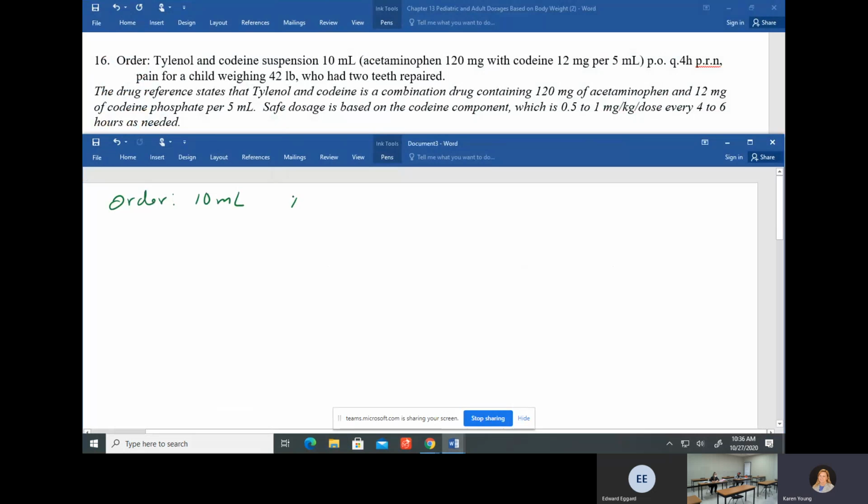It's Tylenol, 120 milligrams, and the codeine is 12 milligrams per 5 milliliters, every 4 hours. How many doses is every 4 hours? Take 24 divided by 4. You get 6 doses.